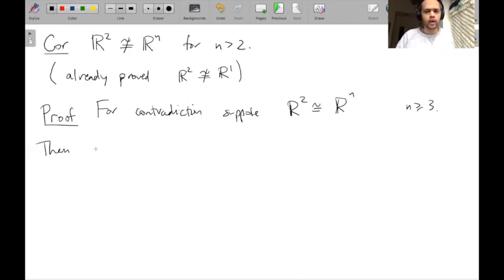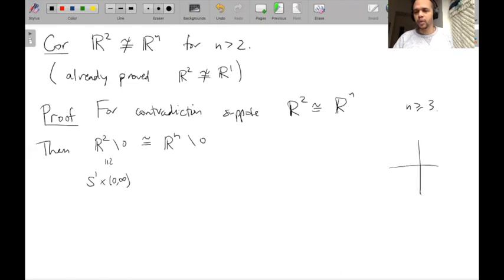So first of all, if this is true, then we can remove a point and still get a topological equivalence. We've seen this argument. But now here's where the circle comes in. R2 without the origin is topologically equivalent to the circle times infinity.